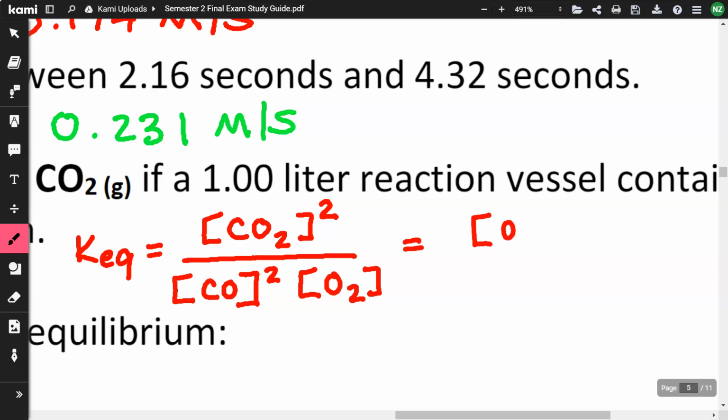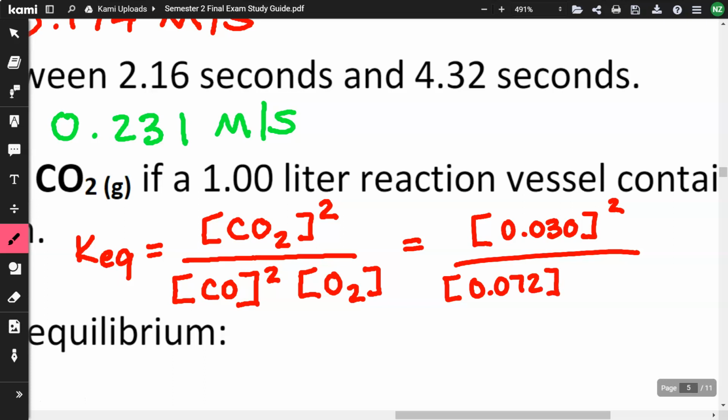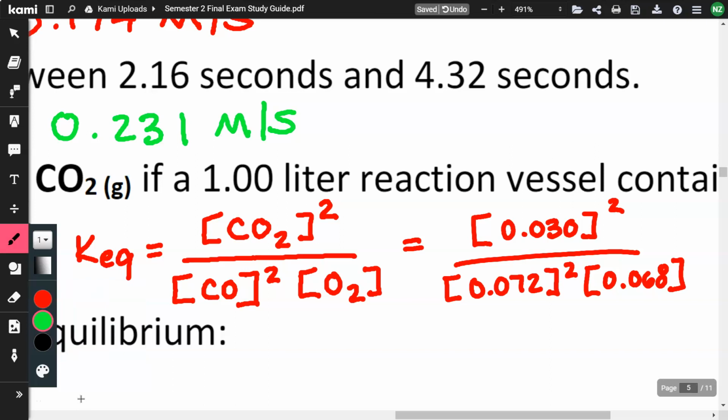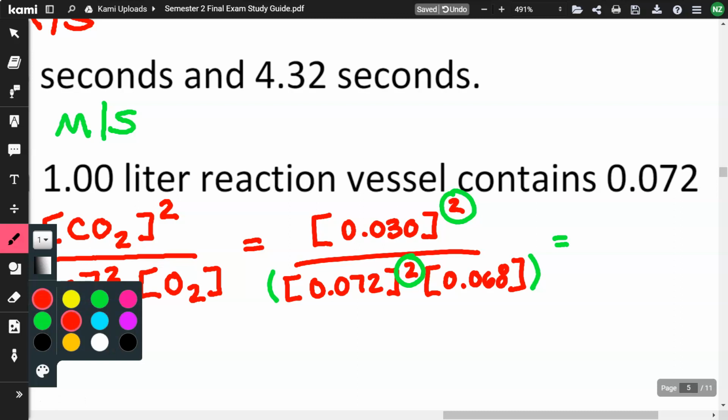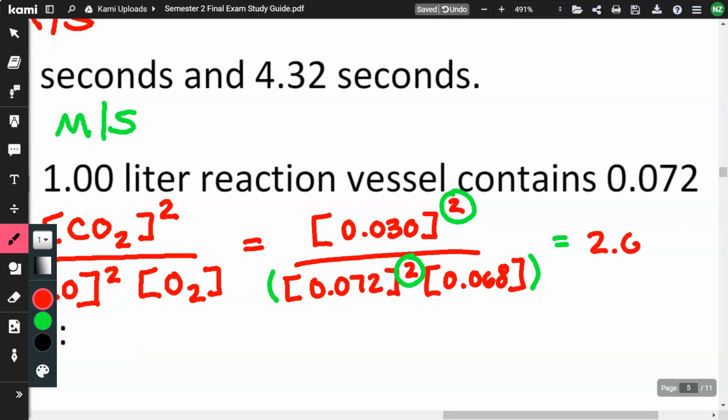So CO2 is 0.030 squared, carbon monoxide is 0.072 squared, and oxygen is 0.068. When you are entering this in your calculator, I would use parentheses on the bottom since we have two pieces there. Don't forget to square. If you're careful about entering this, you should get an answer of 2.6.